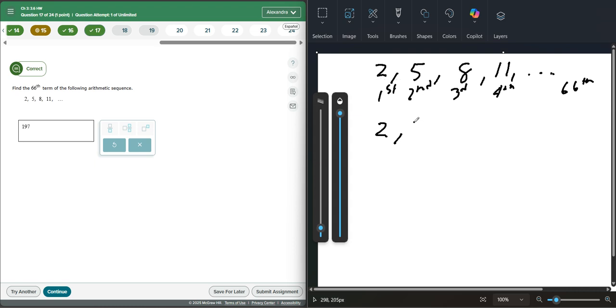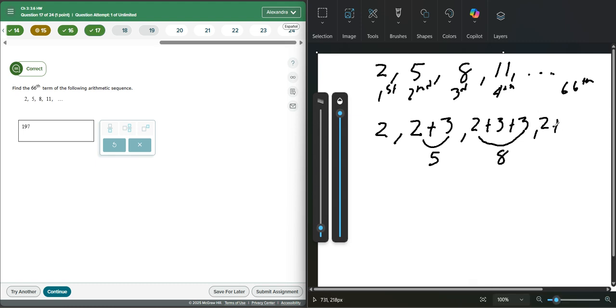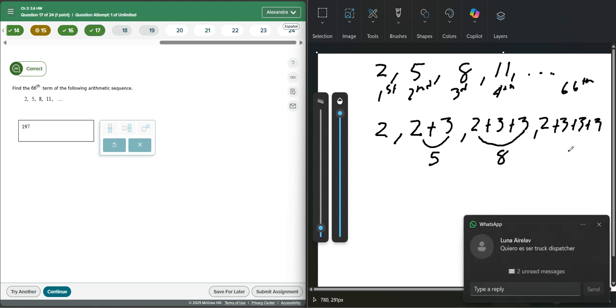That means we did 2 plus 3 equals 5. Then the next term, 2 plus 3 plus another 3, I bet you this right here equals 8. And the fourth term, so notice how I keep adding a 3 to every term.